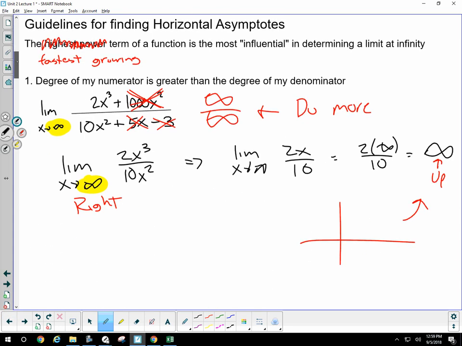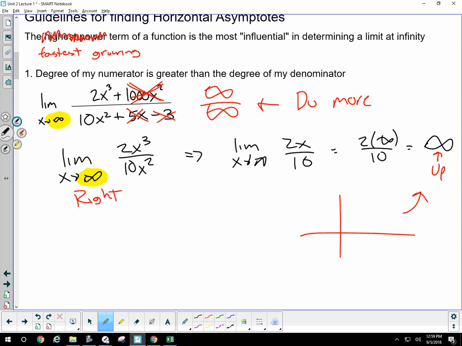Let's go back and think about the fastest growing thing. If we have, not necessarily a degree, but a faster growing term in a numerator compared to a denominator, faster over slower, we'll get infinity over infinity because they're both growing. They're both going to produce bigger and bigger values. But watch what happens.